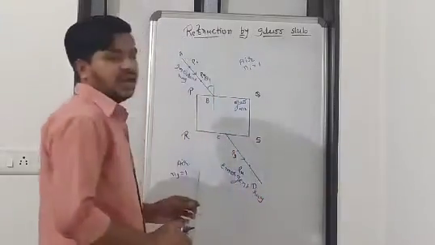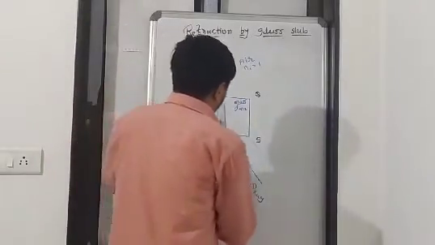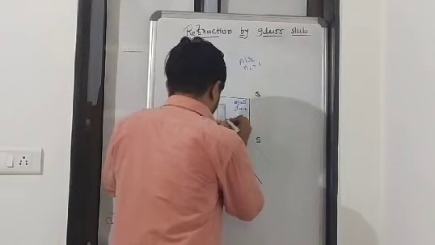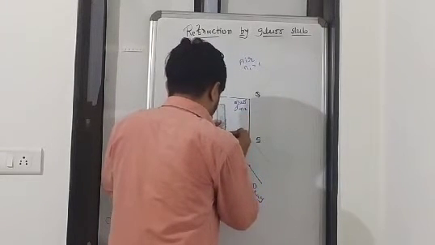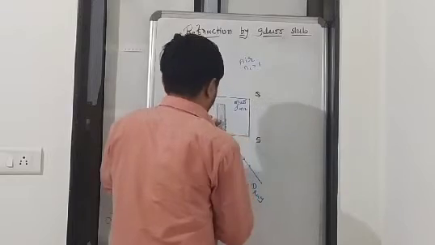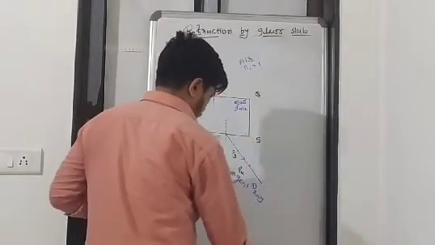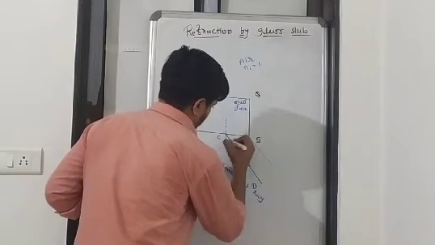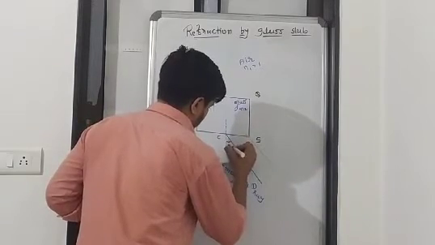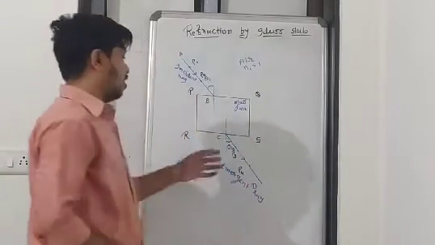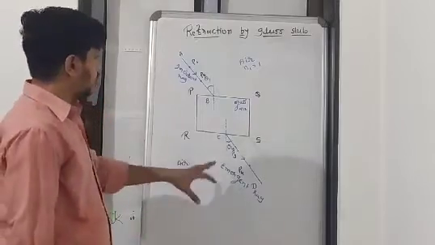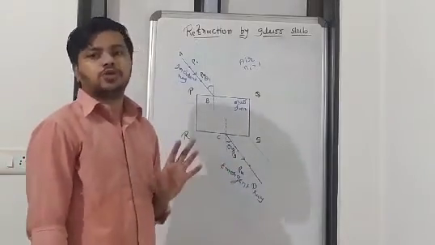Now, for finding the emergent angle, you have to draw the normal, and you get the angle of emergence, right?